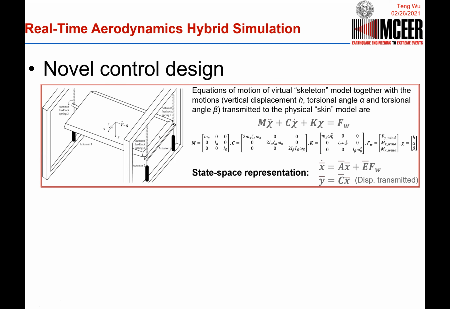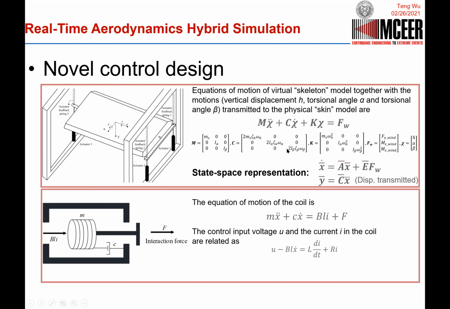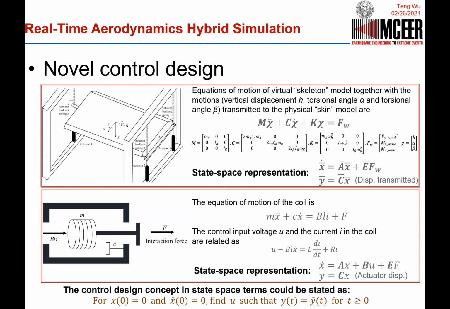If we use the actuator to replace this virtual model, and we select the electromagnetic actuator, we have the equation of the coil and a relationship between the control input voltage and the current. So this system can also be represented in state space. Y here is the actuator displacement. The control design in state space terms could be stated as: for x equal to 0 and x-bar equal to 0, we need to find the u so that y equals y-bar at each time instant.